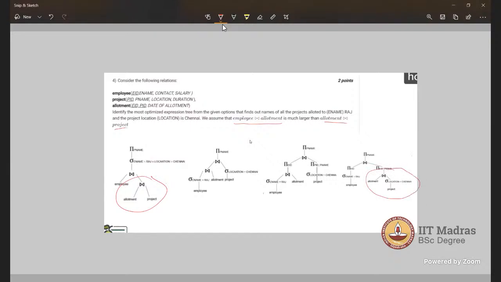But in the first diagram, the select operation is done after joining them naturally.